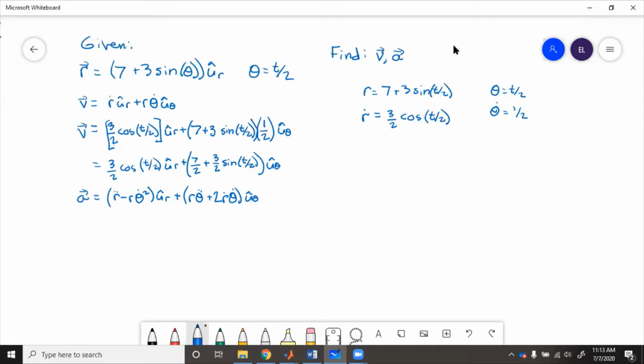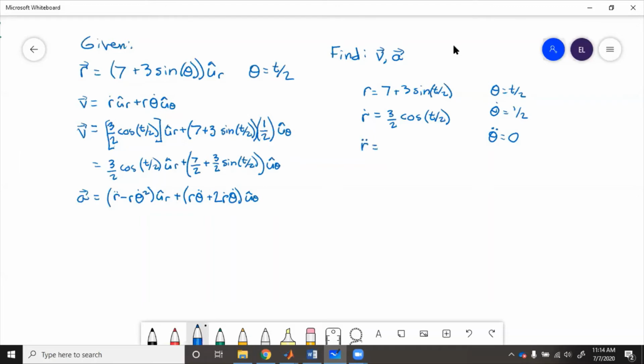Well, we have the r dot theta dot, but we need to get the double dots. So we go over here, we take the derivative again. Theta double dot, well, derivative of 1/2 is just 0. So that'll be nice and convenient. It'll cancel this term.